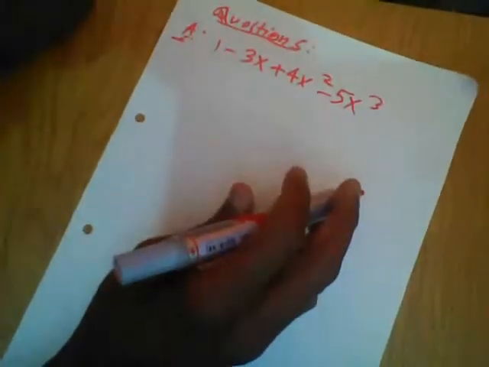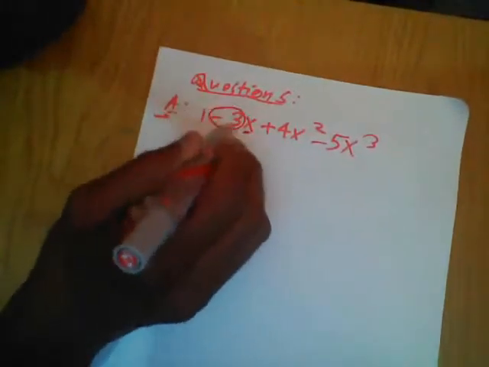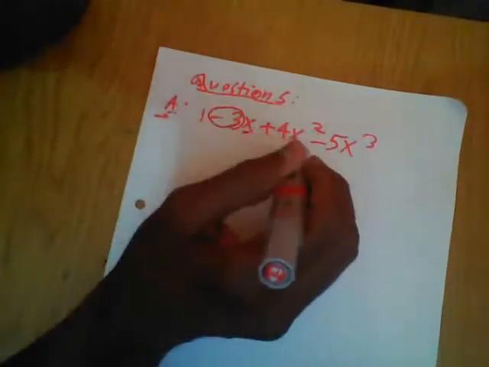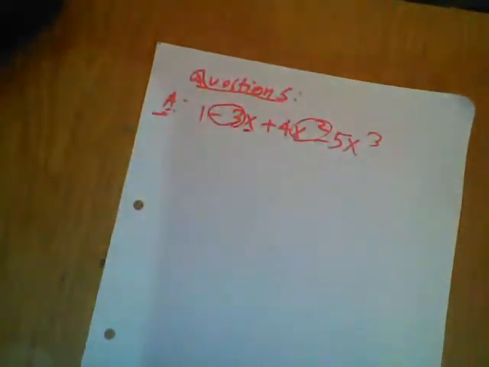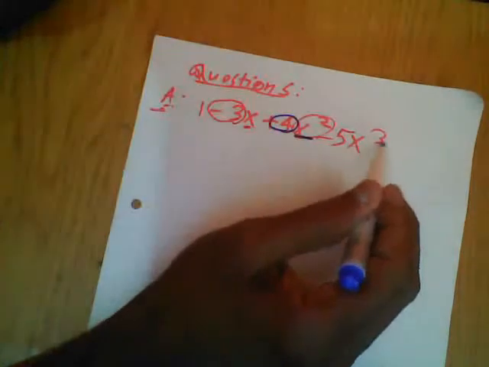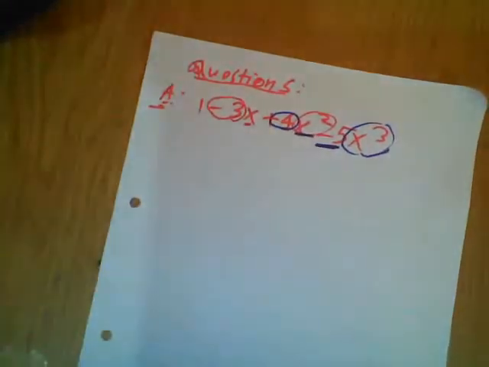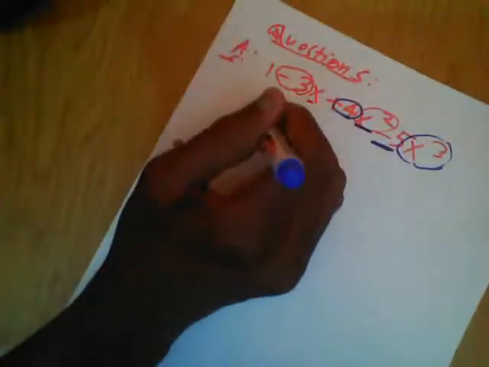They say we have to find the coefficient of x cubed. Look, these are x, so this is its coefficient. This is x squared, so the coefficient of x squared equal to 4. The coefficient of x cubed equal to negative 5. And according to the option, they say the coefficient of x cubed equal to 5. So it's not true.